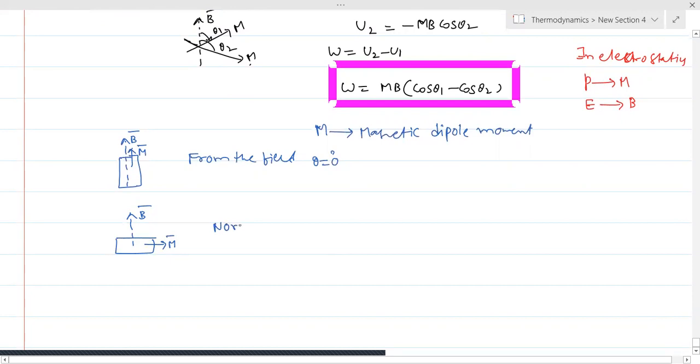So from normal to the field, theta is automatically 90 degrees. And opposite to the field, there is a discussion here, but in electrostatics too. Opposite to the field means if this is the B bar, then in the opposite direction we have M bar. So automatically we will get theta equal to 180 degrees.